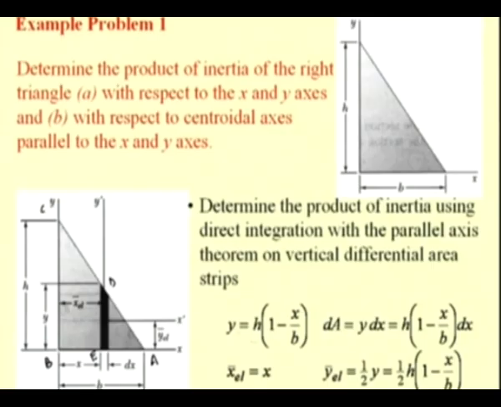So, once we have this quantity, we can write the area of this differential element dA as y times dx, where y is h into 1 minus x by b, and knowing these two quantities, that is x bar element is x and y bar element is half of y, which is half of h into 1 minus x by b.